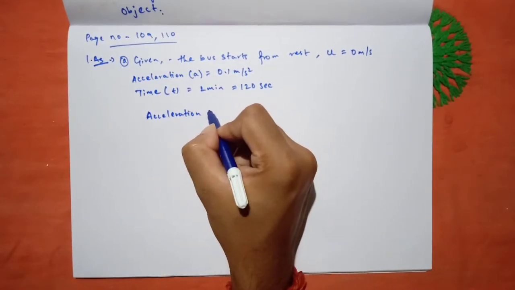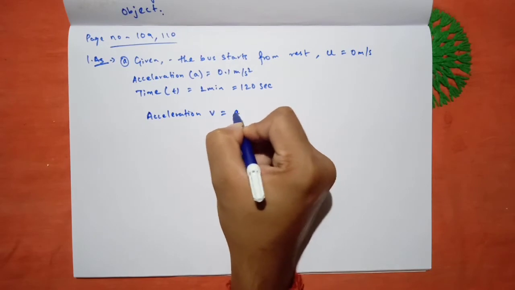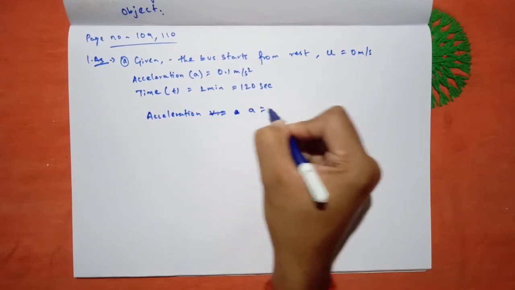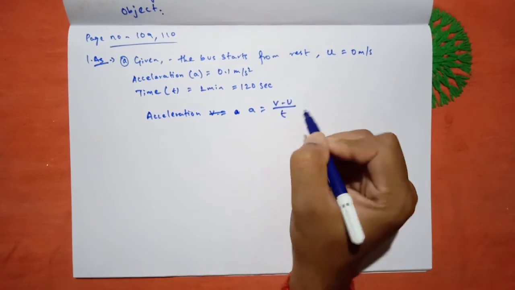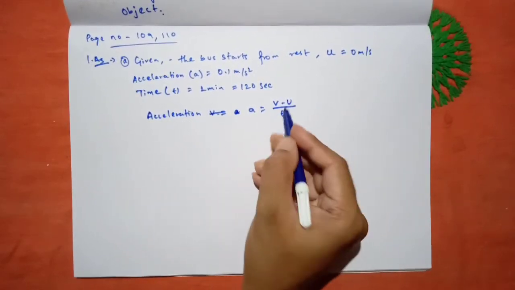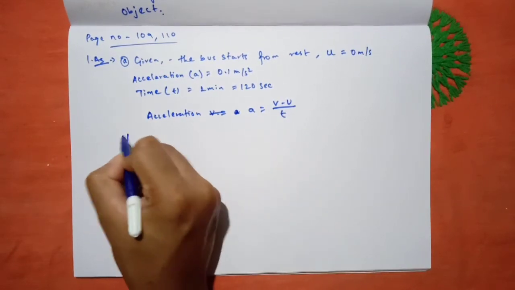The equation of acceleration is a is equal to v minus u by t. So we have to find out v, which is the final velocity, or here the terminal velocity.